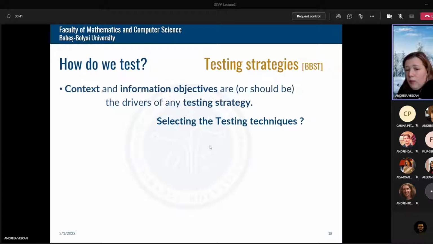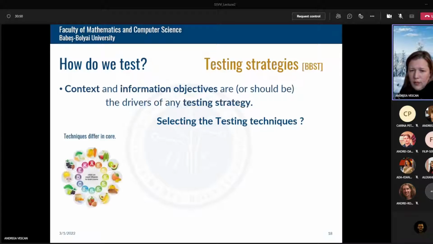So how do we actually select the testing technique, right? Because after we select the strategy, we also need to select the technique that we are actually going to use. A very important thing about testing techniques is that they differ in their core.